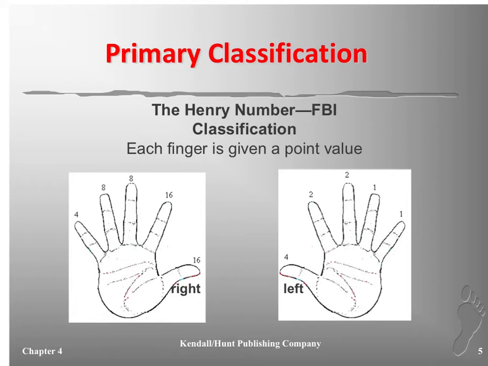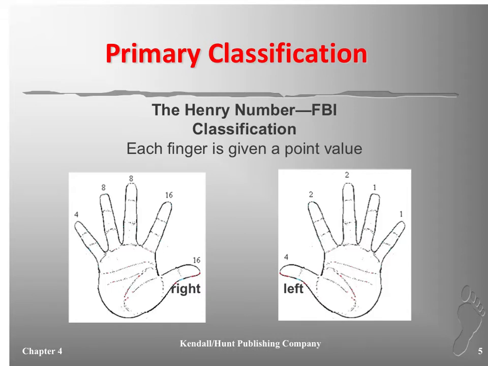All right, so we should be looking at our final activity of the week, and that's activity number 4, which deals with identifying your Henry number. Now, we know that each person might have a loop, an arch, or a whorl. Loops are very common, and arches and whorls aren't as common.